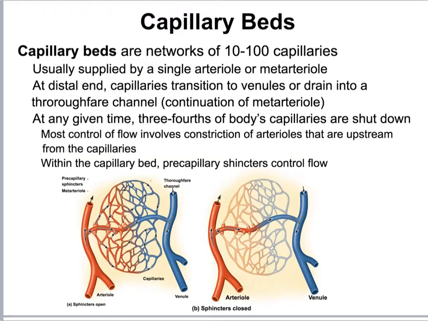At any one time, most of your body's blood, or at least much of your body's blood, is in the capillaries. All of your blood that's actually doing much exchange is found in the capillaries. And we've talked before about how, say your body wants to get rid of some heat.